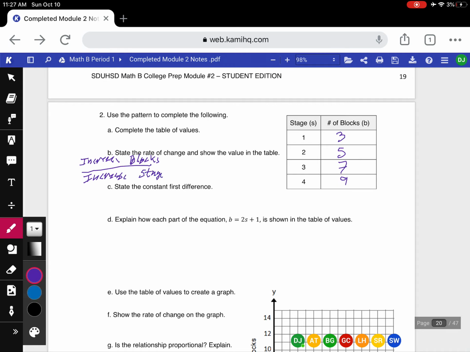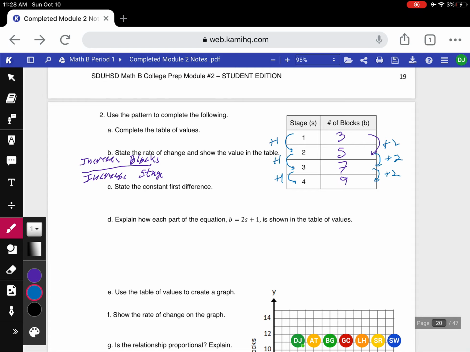So over here, when I look at my increase, what is my increase from 3 to 5? I added 2. What is my increase from 5 to 7? I added 2. And my increase from 7 to 9, I added 2. And over here on my x values, stage numbers, I added 1.